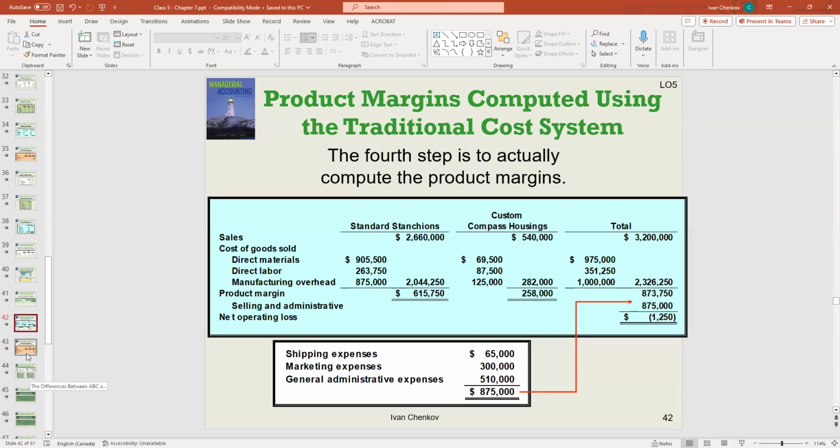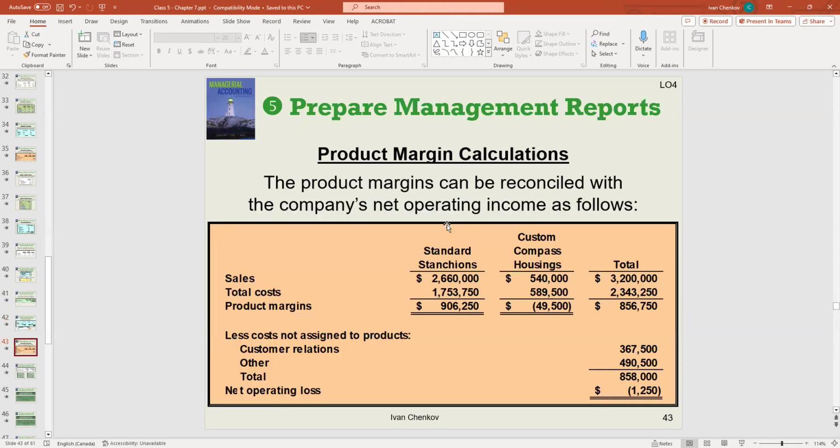The question is, which one should we rely on? Shall we rely on the traditional system, where both divisions are profitable, but we're losing money? Or shall we rely on the activity-based costing, which is charging the cost to our product only for the capacity that they're using? Which report is more accurate?